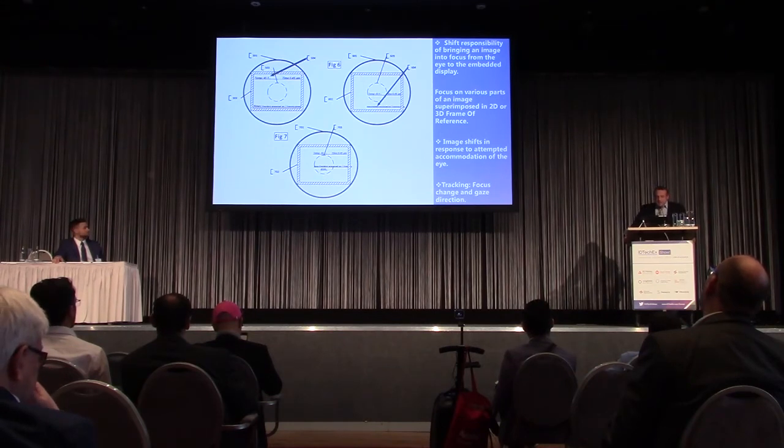Unless we implement a system that can accommodate this, we cannot have a truly AR, VR capable smart contact lens, and we believe that this is the solution going forward. We do differentiate between two types of frames of reference. This example is a two-dimensional frame of reference, where the image is depicted on, or rather superimposed on, the display with respect to the two-dimensional geometry, X and Y, of the display.